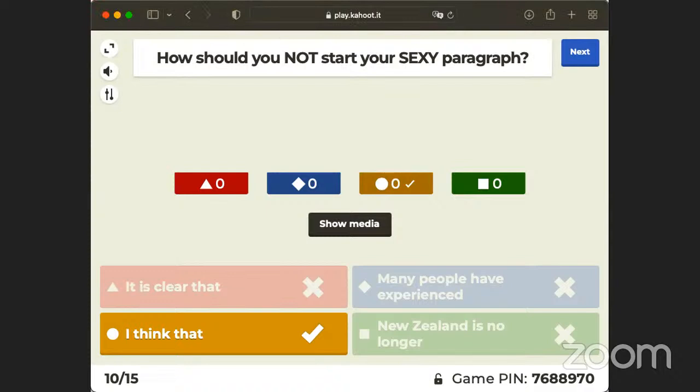All right, so how should you not start your essay paragraph? I think that no, it's different to say in my opinion or in my personal opinion, blah blah blah.